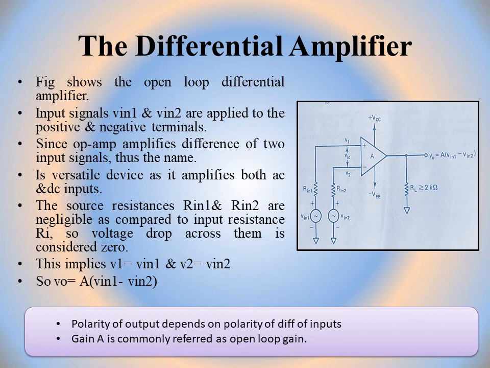Whatever the difference input polarity, it will be seen in the output voltage. And this gain A is commonly referred to as open loop gain. This we will be discussing in detail when we discuss closed loop configuration. So this is open loop gain, denoted by capital A.